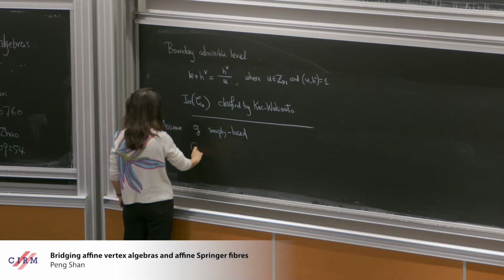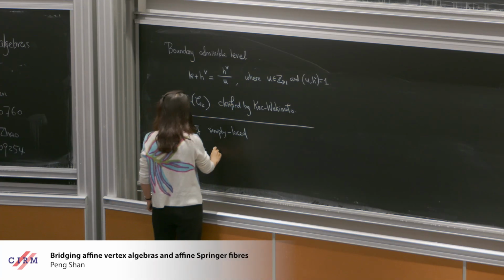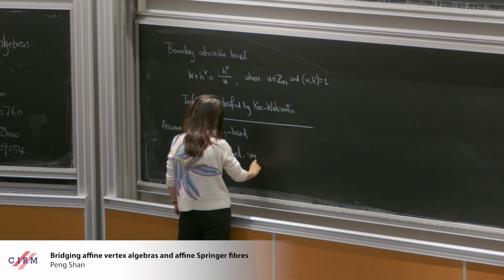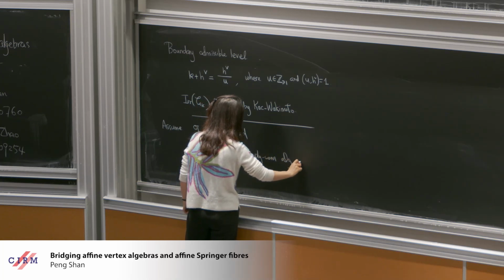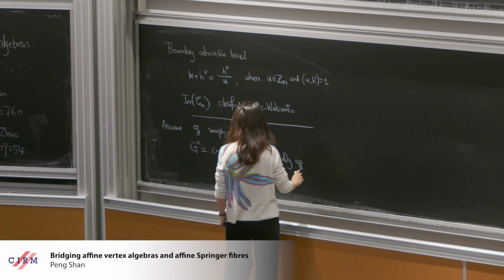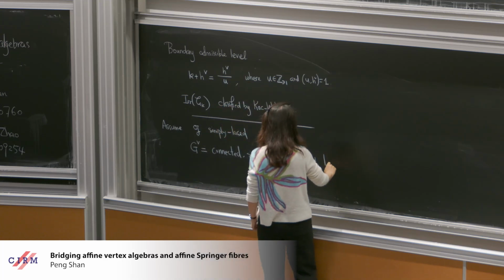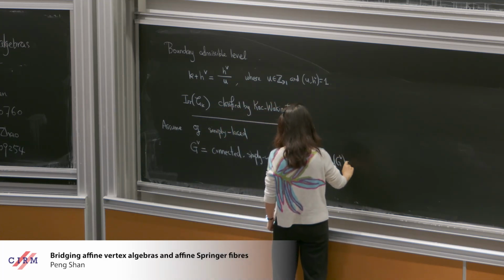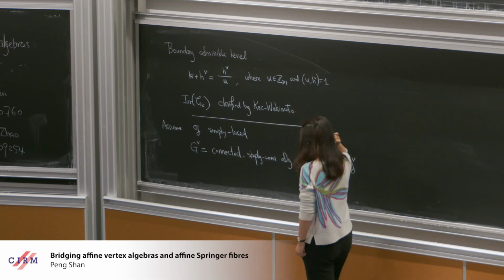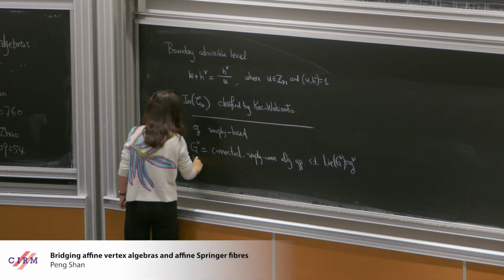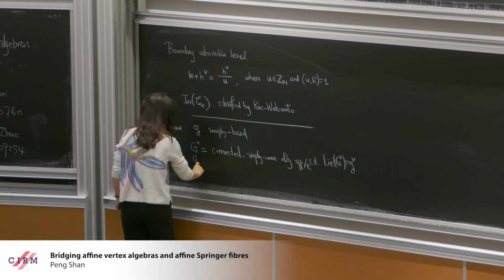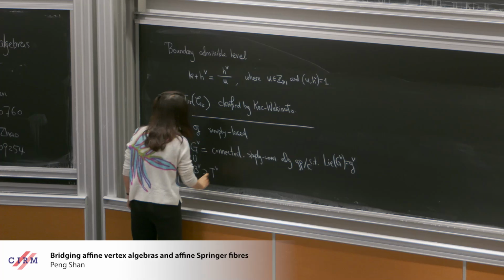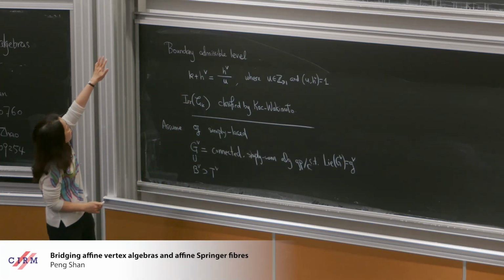So I will take G check to be a connected and simply connected reductive algebraic group, such that the Lie algebra of G check is the Langlands dual of G. And then I fix Borel and maximal torus over C, which is corresponding to the data we fixed at the beginning.